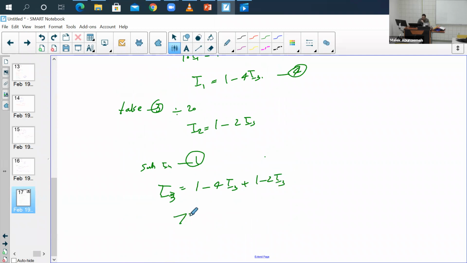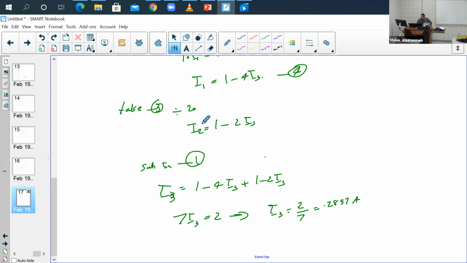That means you get 7 I3 is going to equal 2. That means your I3 is going to equal 2 divided by 7, which is going to be 0.2857 amps.